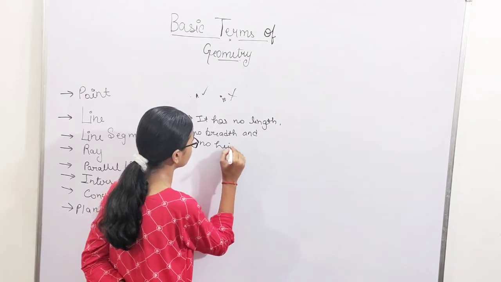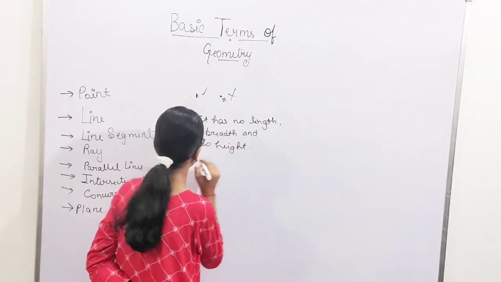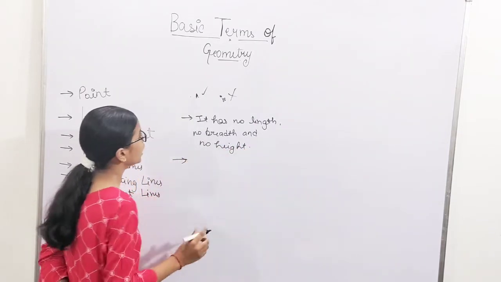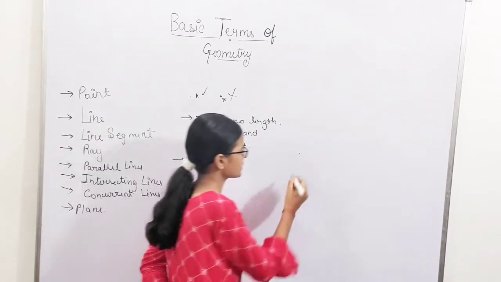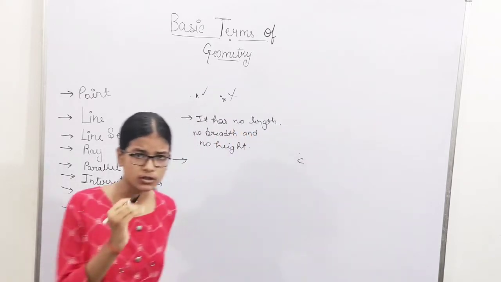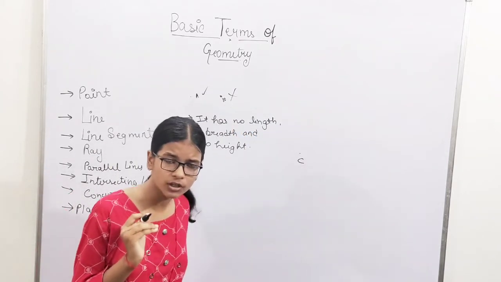And also one more thing, if we are having a point over here like this, point C, and if we want to draw some lines over it, how many lines can be drawn?